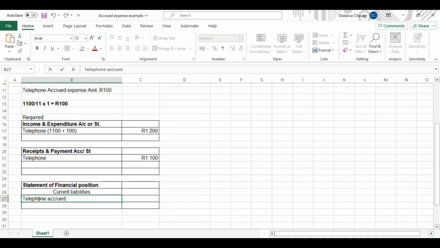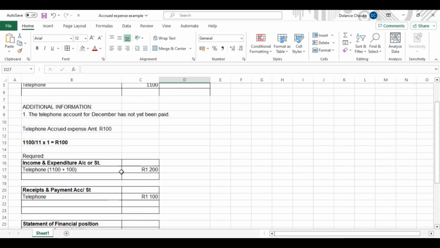So a telephone accrued expense is going to be equal to the 100 rand that is accrued, which is going to be indicated as your short-term liability.